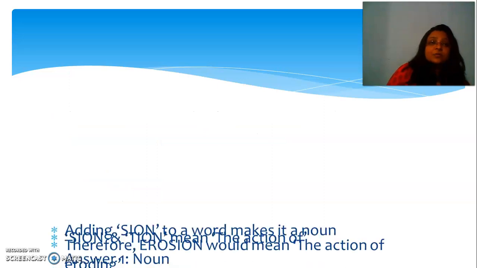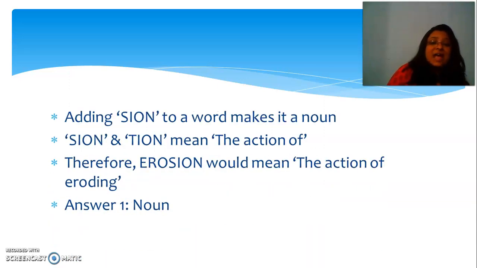Now if we know that adding sion to a word makes it a noun, we obviously will be able to answer the question. Adding sion and tion as suffixes to a word mean the action of. Therefore, erosion would mean, in this case, the action of eroding. Thus, the answer is, it is a noun.